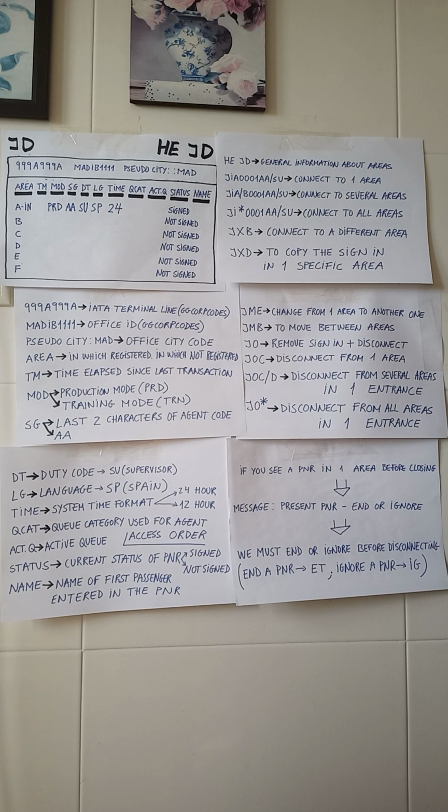But what I consider the greatest advantage is to use an area with the main reservation and take advantage of the rest of the open areas to be able to view information related to that reservation without having to stop seeing the original PNR while looking for other data that will affect the main PNR.